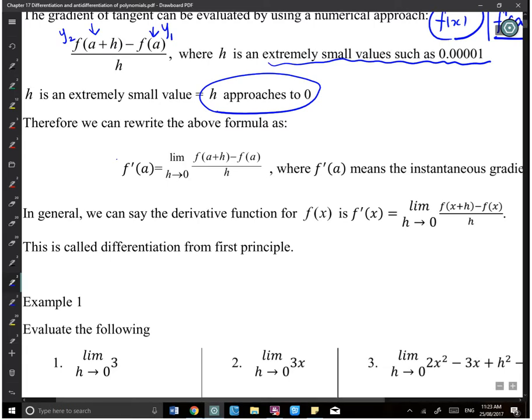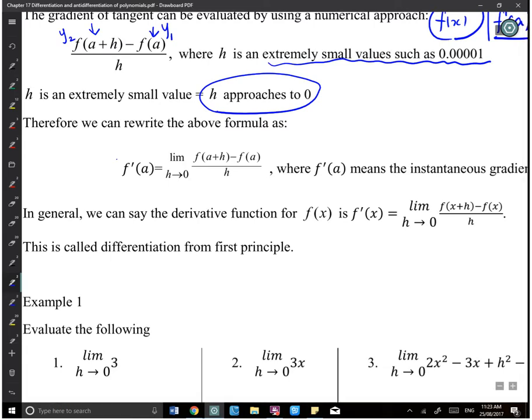I want the limit: when h goes from both sides, decreasing near 0, what is the value approaching? Even though h can't take 0, it's okay. I want to get close enough to 0 and see what the value looks like. So the limit is not actually h equals 0, it's the behavior as h goes towards 0.